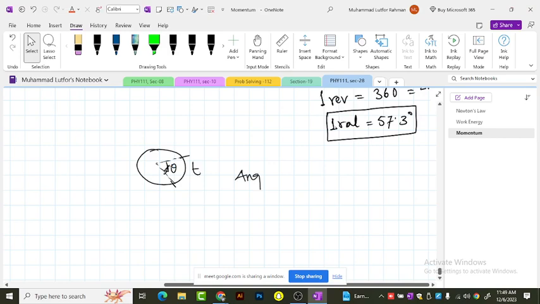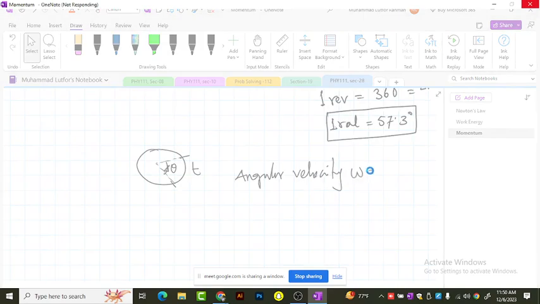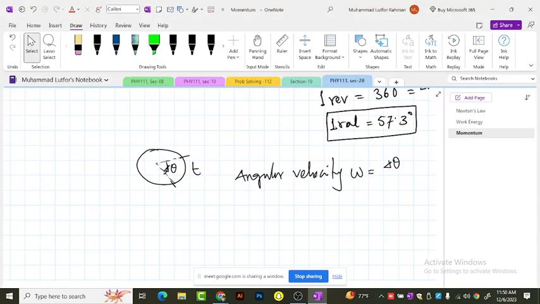Then we express the angular velocity by omega, which is del theta divided by del t. That is the angular velocity, and its unit is rad per second.